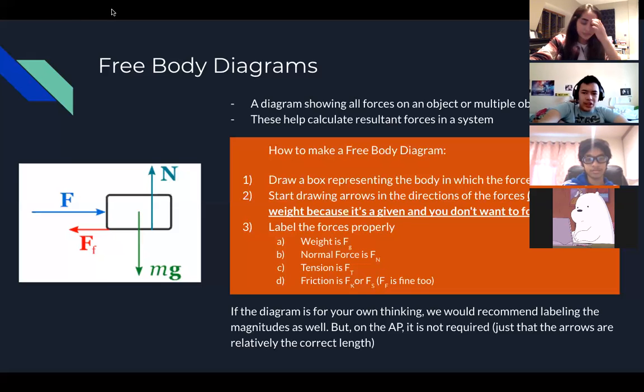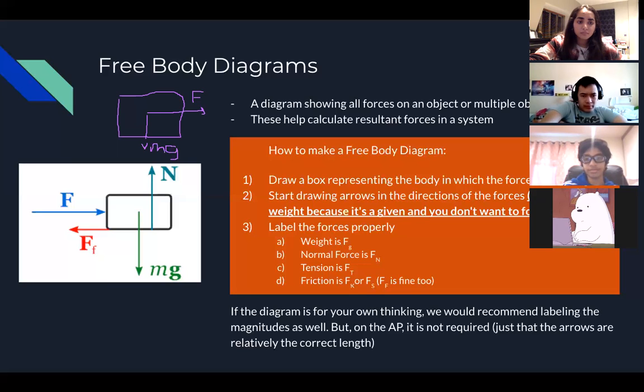So what she means is the actual free body diagram will look something like this. You've got your force, just the applied force, F. Notice how they're all coming from the center. And then you've got mg, or just F sub g.